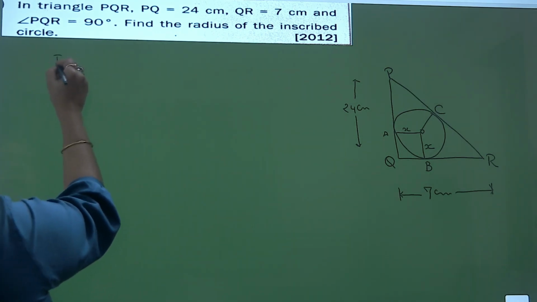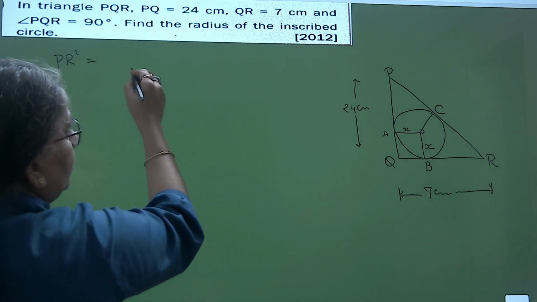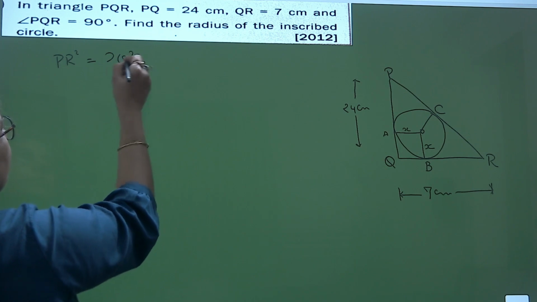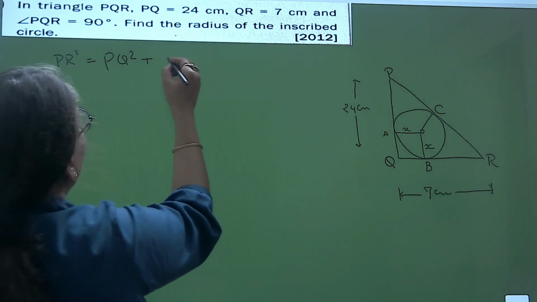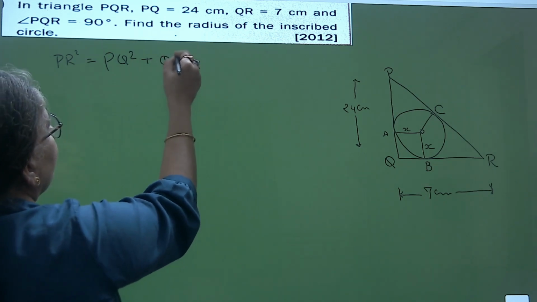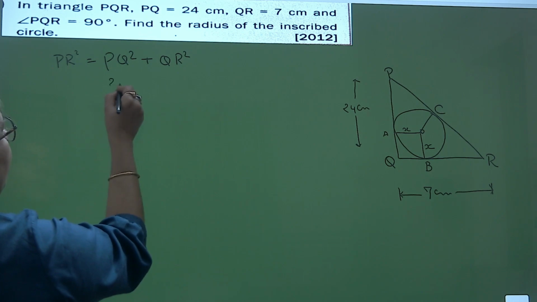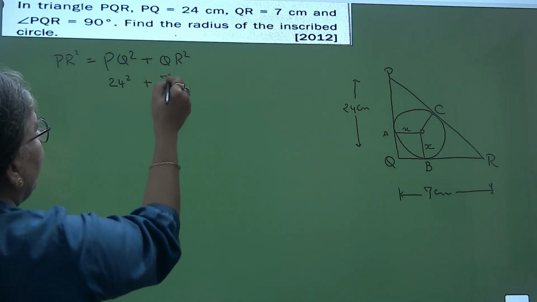So using Pythagoras theorem, PR square is equal to PQ square plus QR square. So PQ is 24 square plus 7 square.